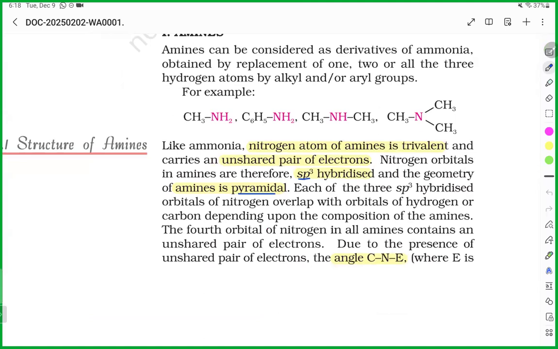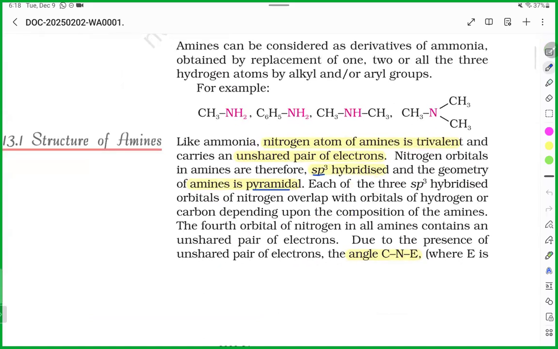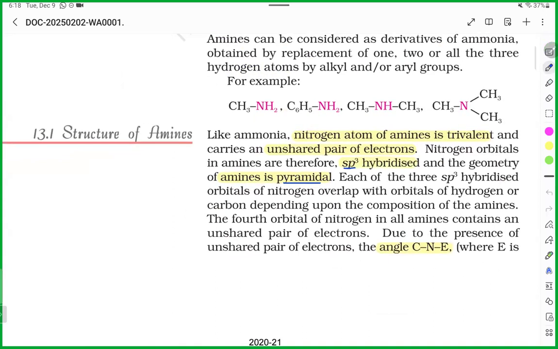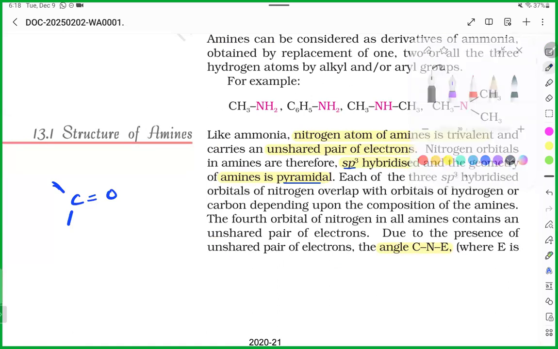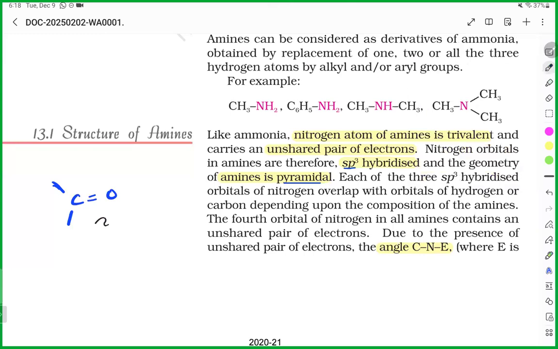Samarth, if we talk about the carbonyl group, what kind of reaction is shown by the carbonyl group? Sir, it's electrophilic. Nucleophilic addition reaction. It is itself electrophilic, right? So nucleophilic addition reaction.